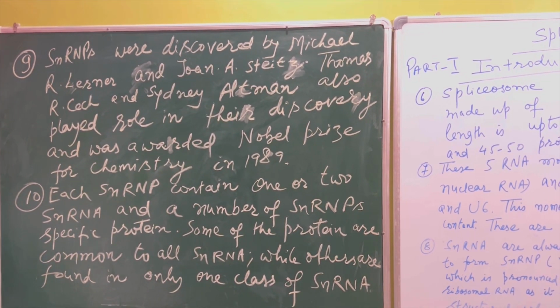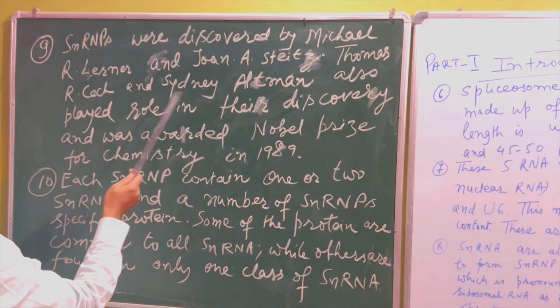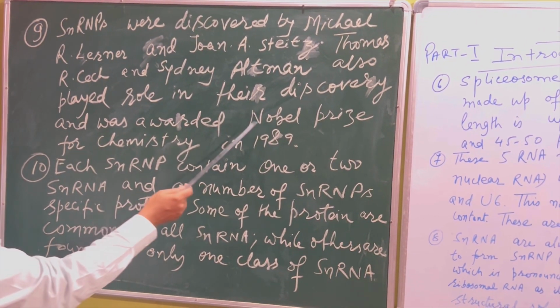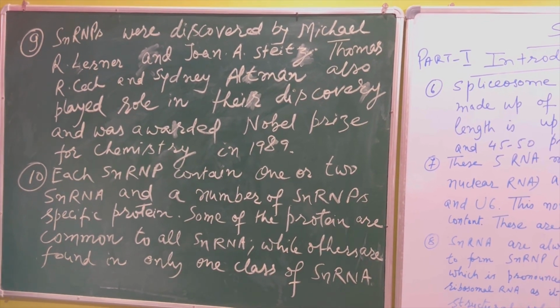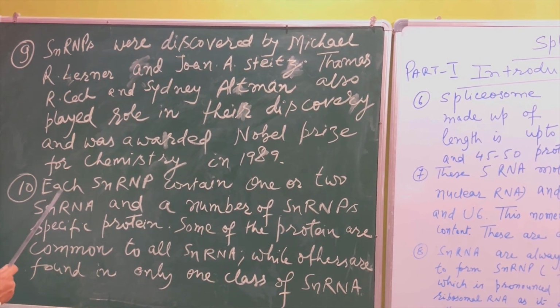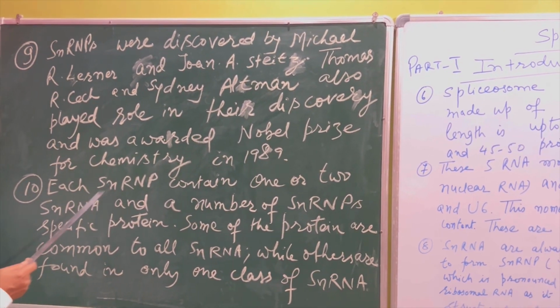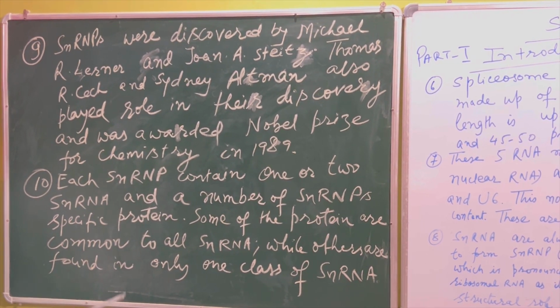And these two scientists, Thomas and Sidney Altman, were awarded the Nobel Prize for Chemistry in 1989 for their work on SNRPs.